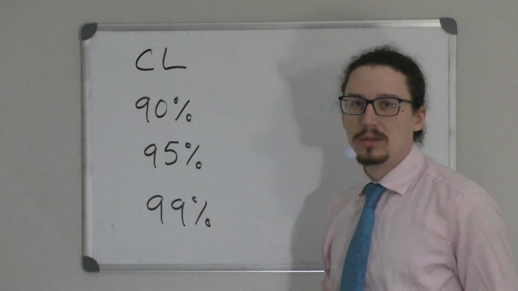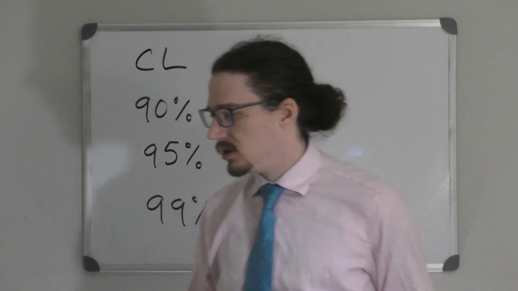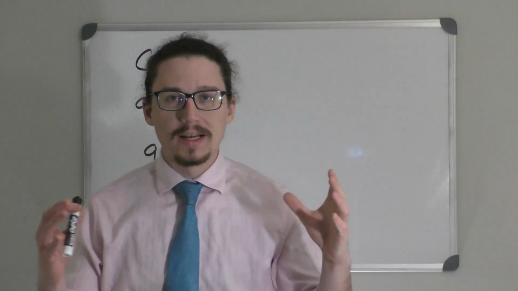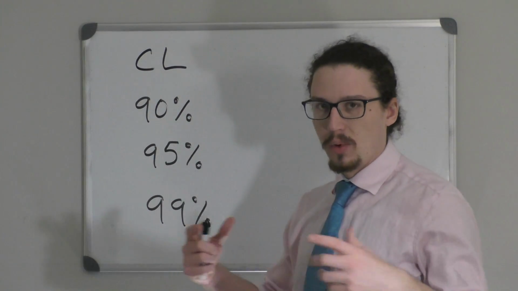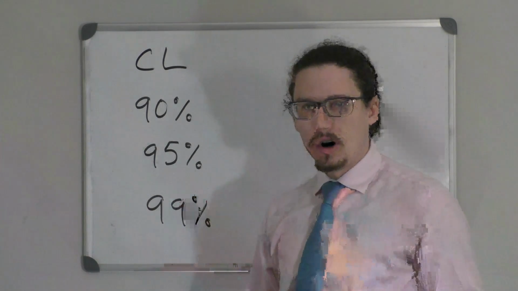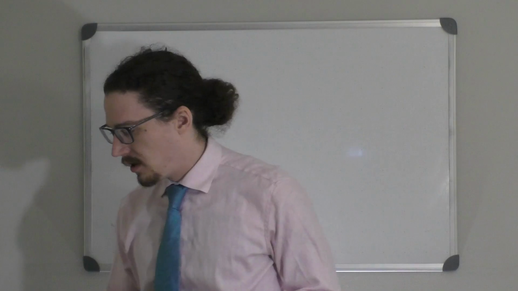As we go down, we also widen our confidence interval, as we're going to see here in just a moment. So we are getting a wider confidence interval, but a stronger result.